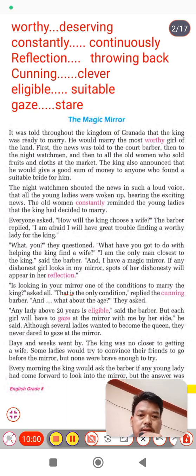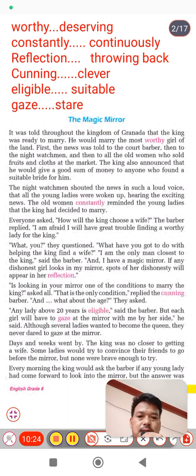That's the only condition, replied the cunning barber. So the cunning barber, a very clever barber, told everyone that there is one condition: if anyone wants to get married to the king, she has to look at the magical mirror that the barber had first.